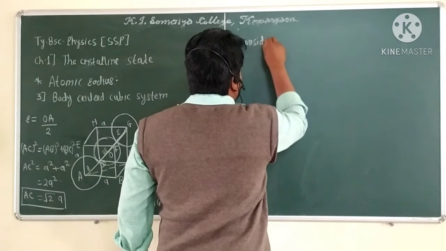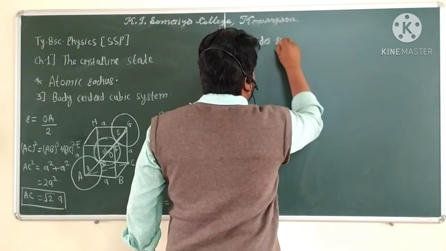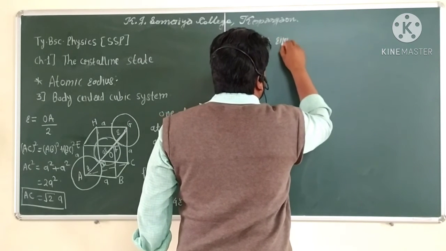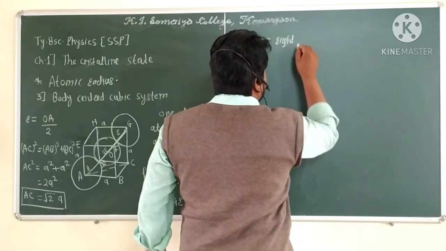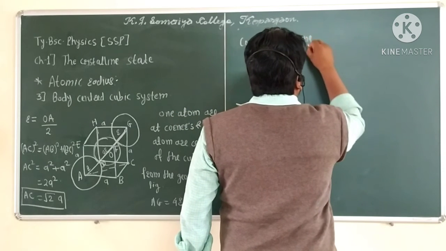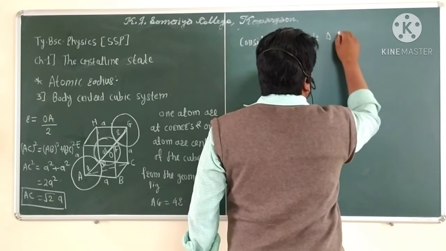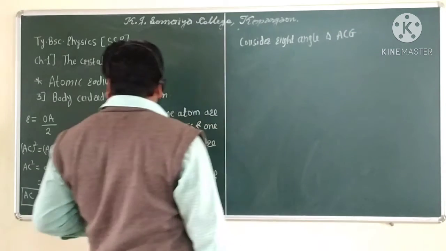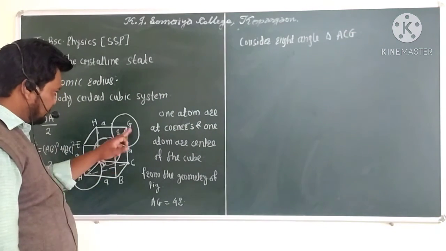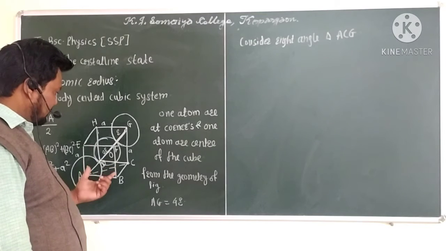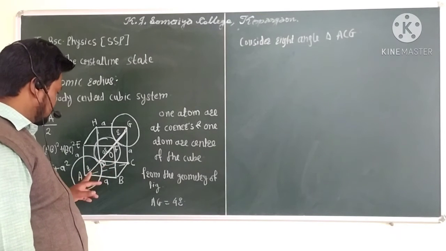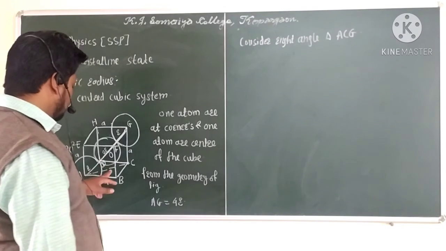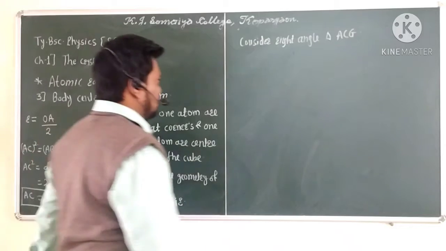So consider right angle triangle ACG. Again here, according to the Pythagoras theorem, AG square is equal to AC square plus CG square.